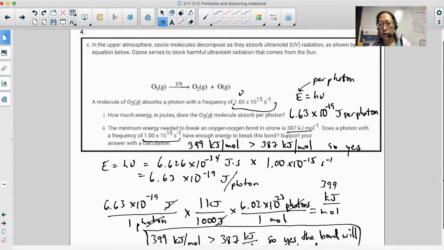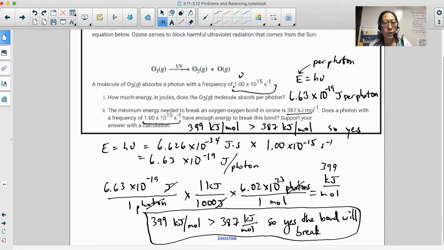All right, the next one has to do with ozone and what sort of photons can break the oxygen-oxygen bond in ozone. We can first solve for the energy of the photon using E equals h nu and the frequency.